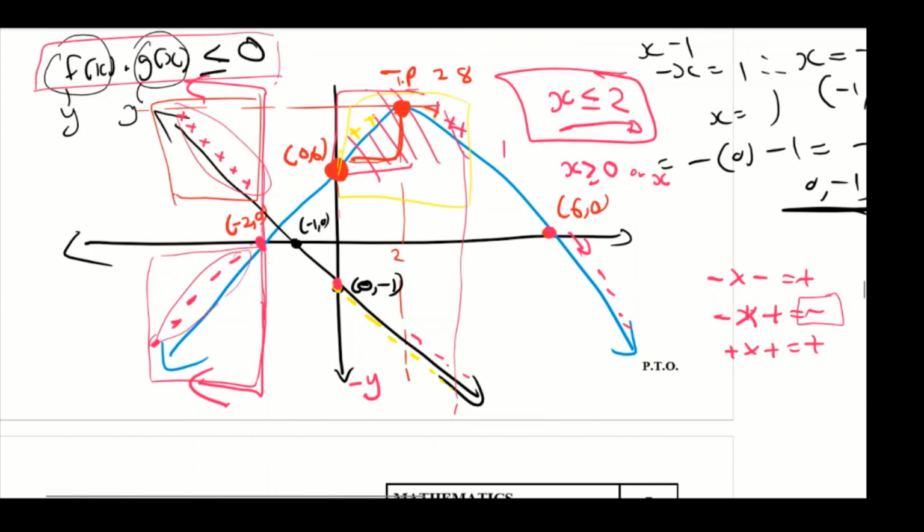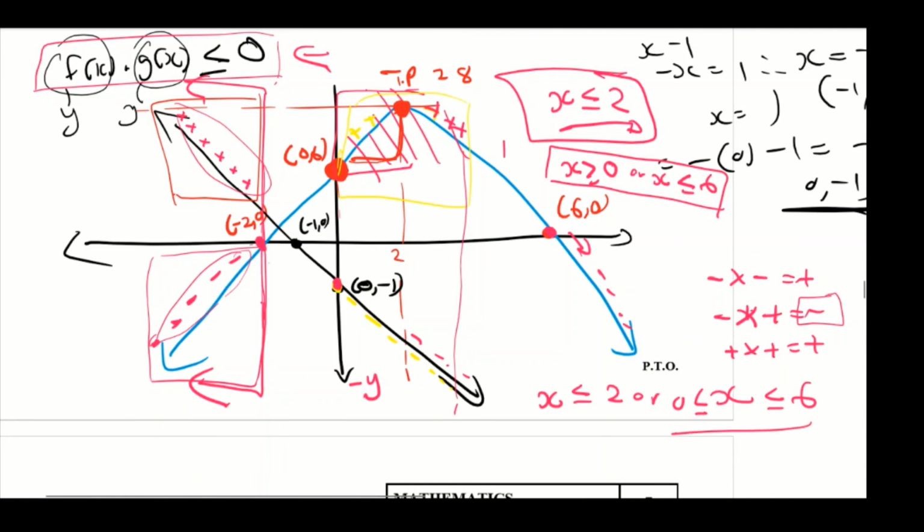So x must be less than or equal to 6. So this is another solution of x where this happens. You can conclude by saying when x is less than or equal to minus 2, or when x lies between 0 and 6 inclusive. You can write it like this, or exactly like what I did here. It's correct.